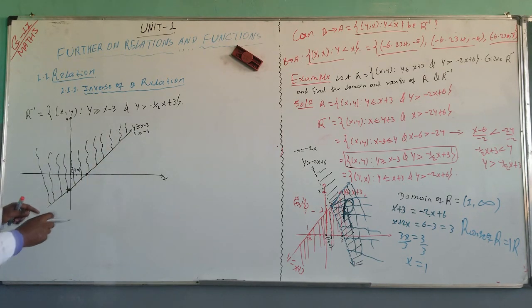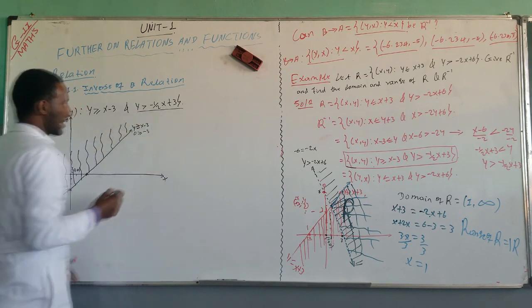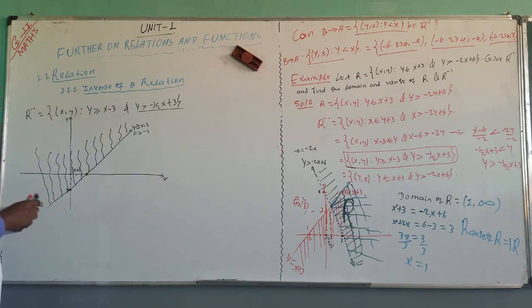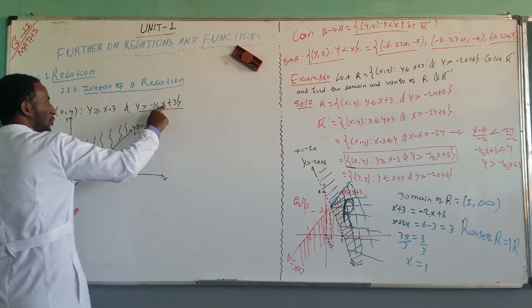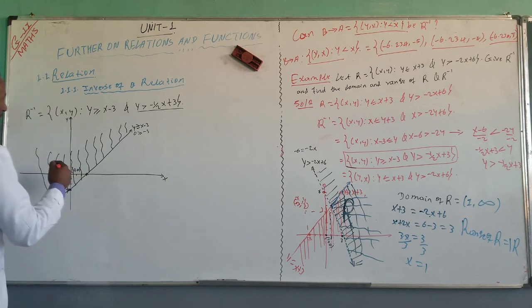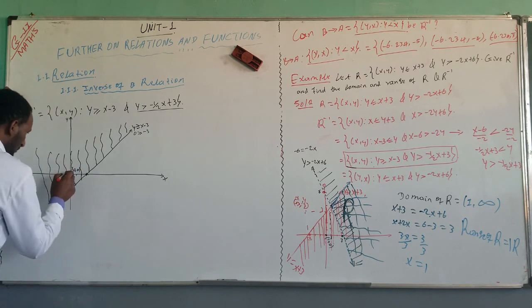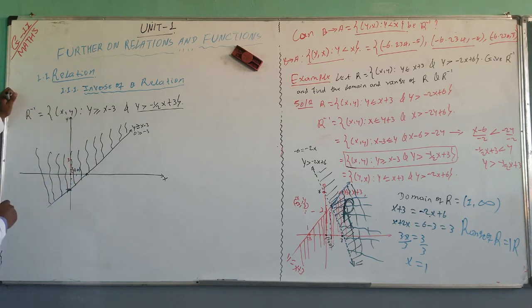Then let us find the region of y greater than negative 1 over 2x plus 3. When we replace x with 0, we get the y-intercept, which is positive 3.